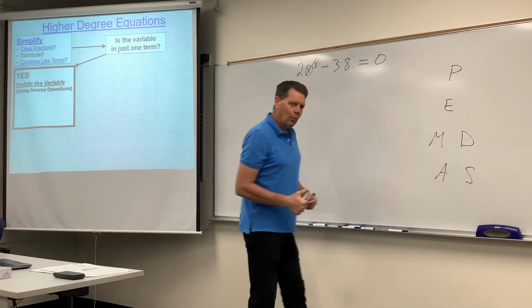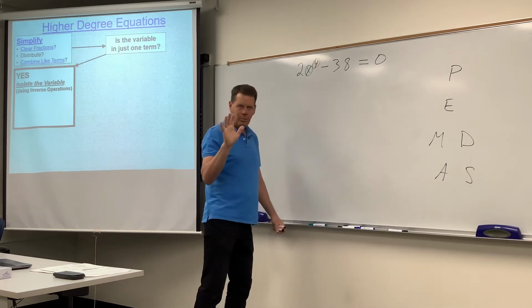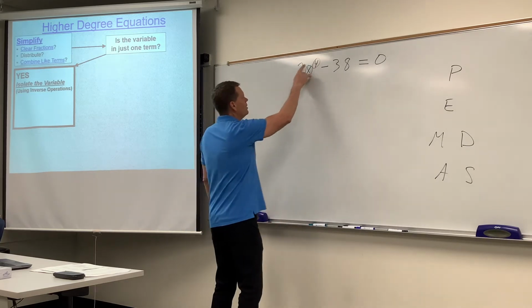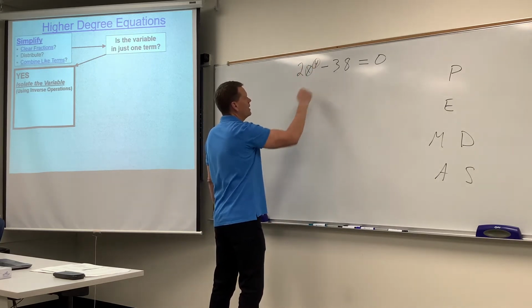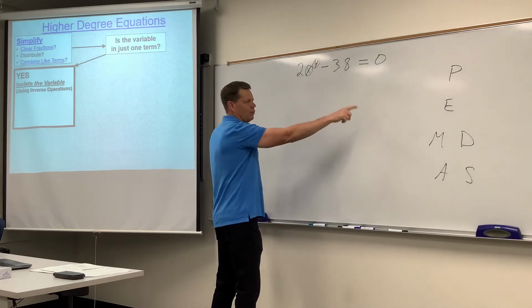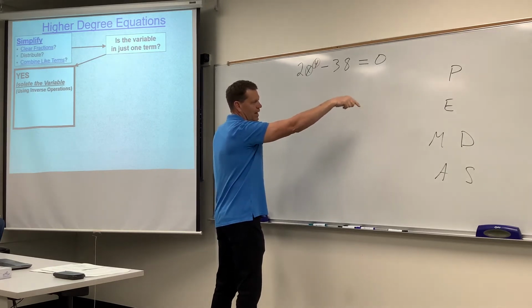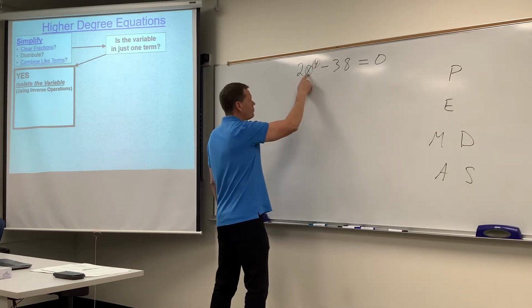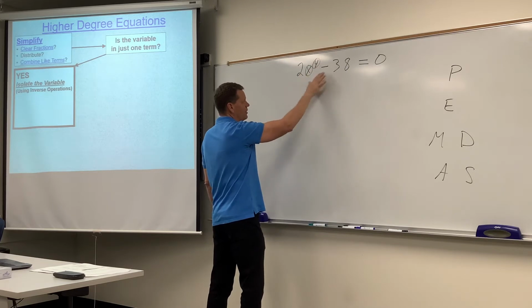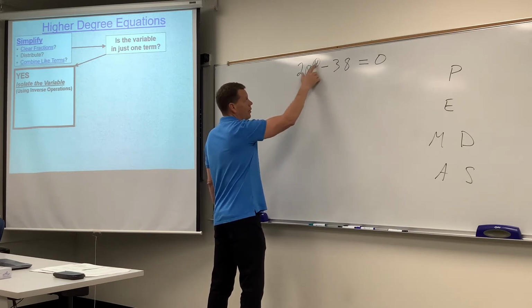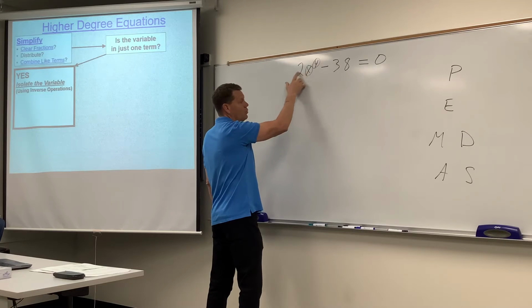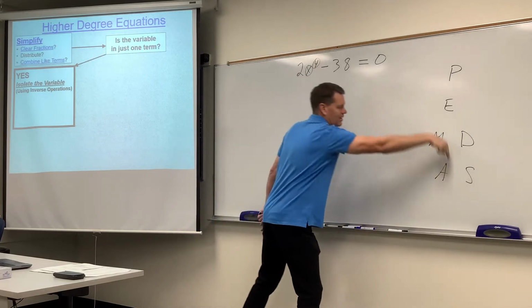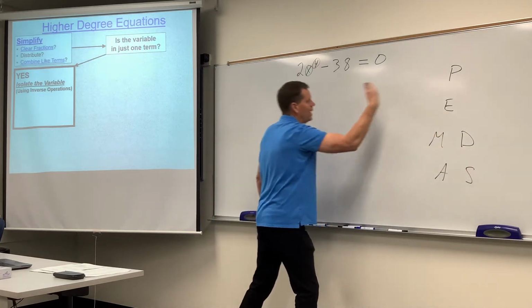So as you recall, what we said was, when the variable's in just one term, let's get rid of all these operations that surround the x, and we always ask ourselves, which of these operations is furthest down the list from x? So if you go through the order of operations, parentheses, I don't see any parentheses, exponents, that would be the fourth power, multiply, that 2 is a multiplier, there's no dividing, add, there's no adding, subtract, all right? So notice that that subtraction is the furthest down the list from x.